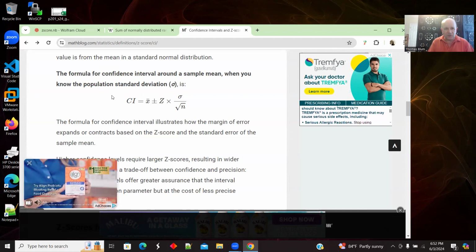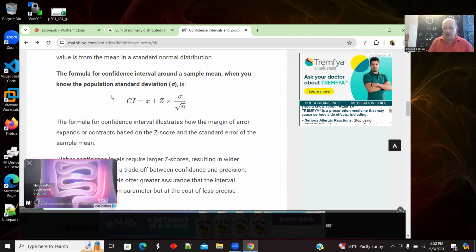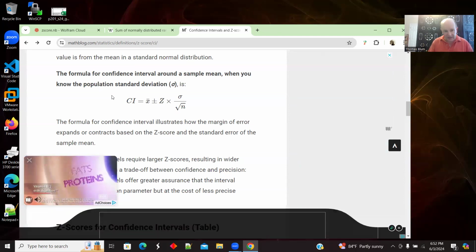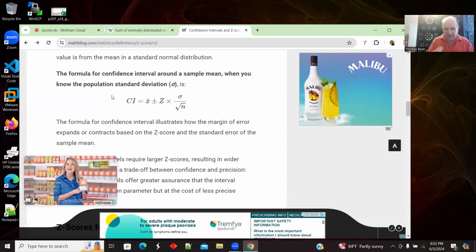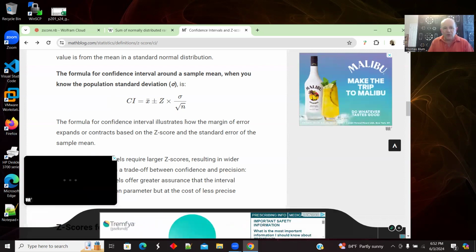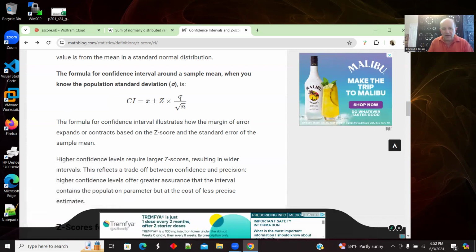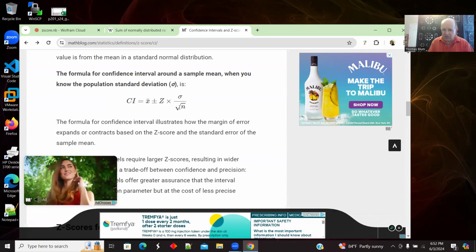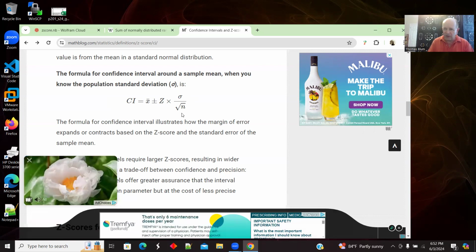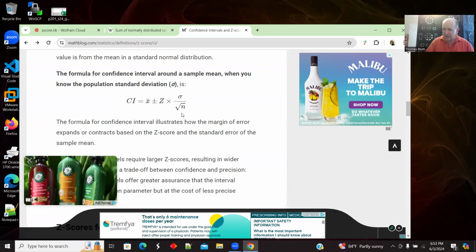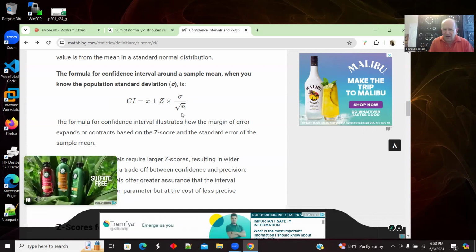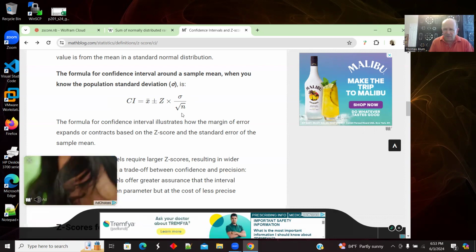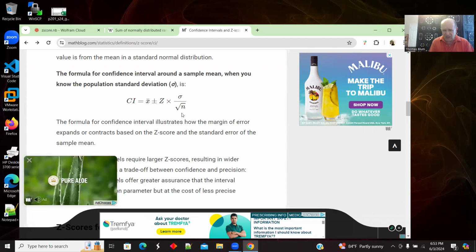And I want to say that with a confidence. I want to be right 95% of the time. So we saw that n is the number of samples. We saw how when we increased n, the spread, the standard deviation of that mean, goes down as the square root of n.